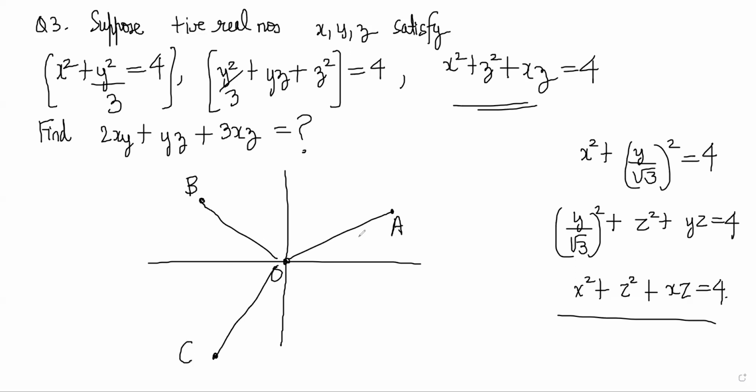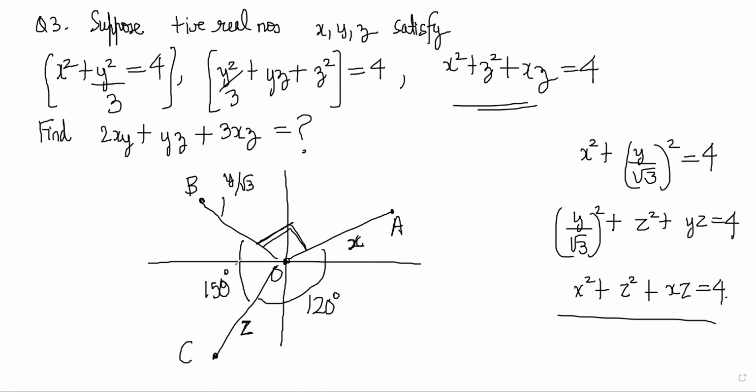And let's call this distance x, this angle 90 degree, this angle 150 degree. So obviously this angle will become 120 degree. And this OB distance is given by y by root 3, and this OC distance is given by z, and OA distance is x, right?